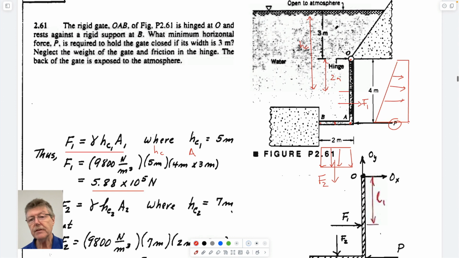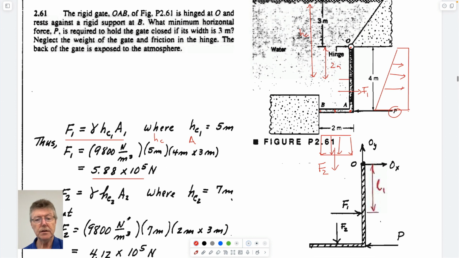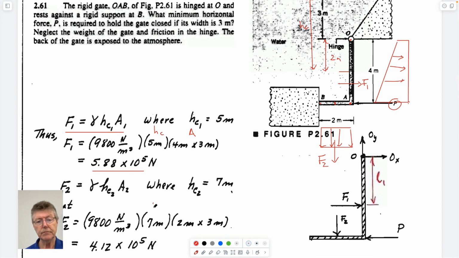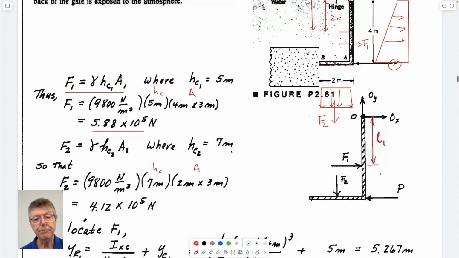So the depth of the centroid also is H sub c, which is equal to 3 plus 4, which is 7, plus the area, which is going to be 2 meters times 3 meters into the page. So this is area, unit weight of water. So we have both the magnitudes of the forces.